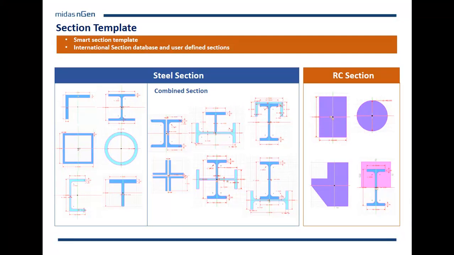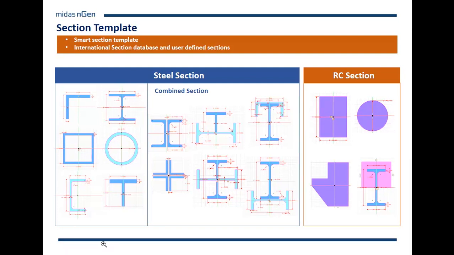Now, talking about the section properties, MIDAS engine provides a very smart wizard for the generation of the section properties. All the basic steel section properties are available in the software. Various databases are available. You can just choose which database, which shape, and which section you want to use, and you can use it very quickly.